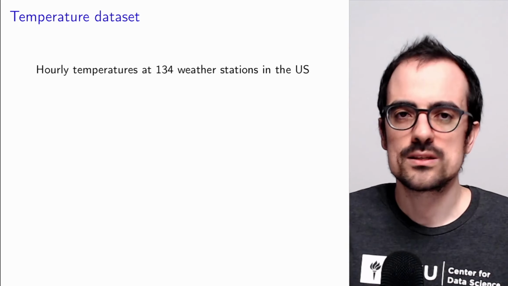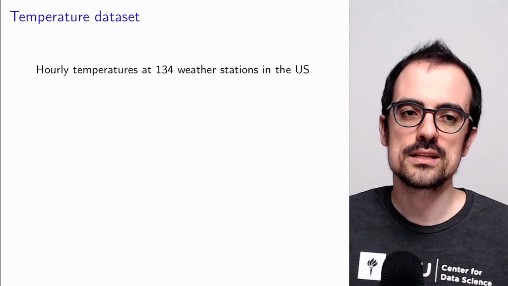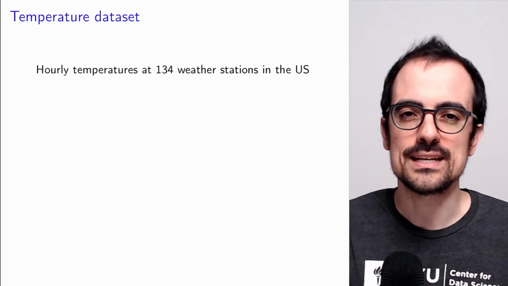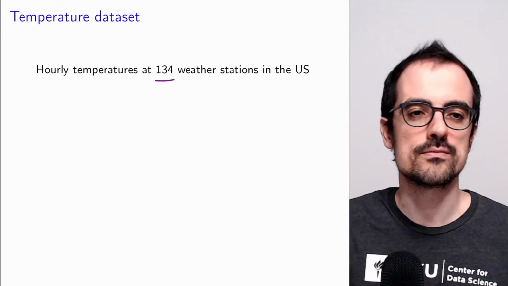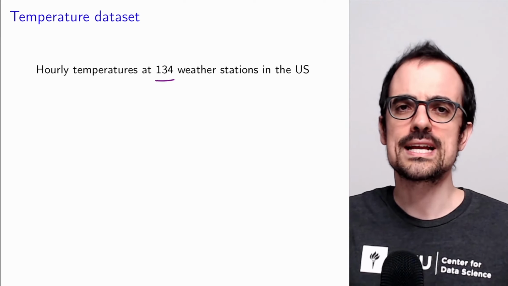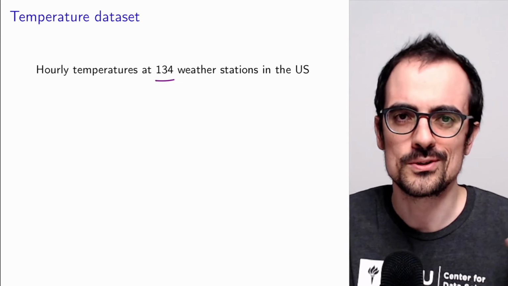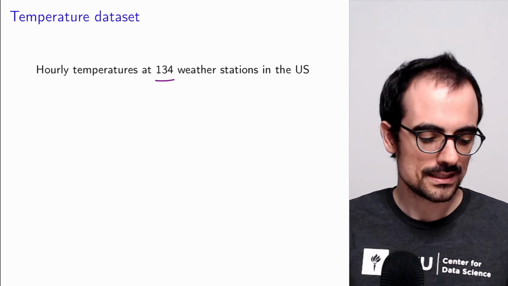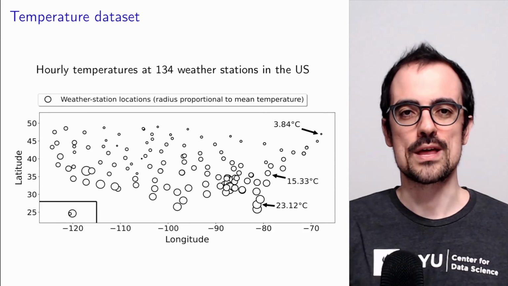So why is computing averages useful when you have a real data set? Well, because it allows you to summarize data very efficiently. Imagine that we have hourly temperatures from 134 weather stations in the US. Looking at 134 PMFs would get very tiring. But instead, we can just plot the means at each weather station.